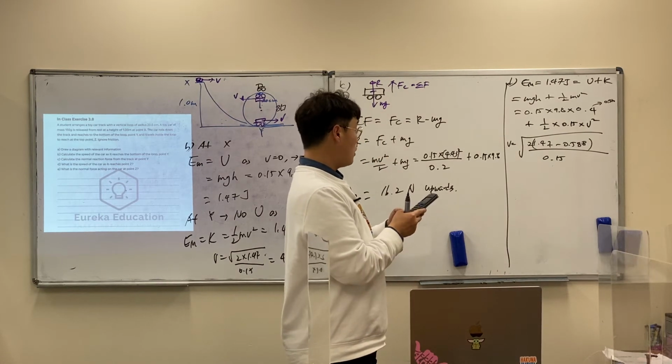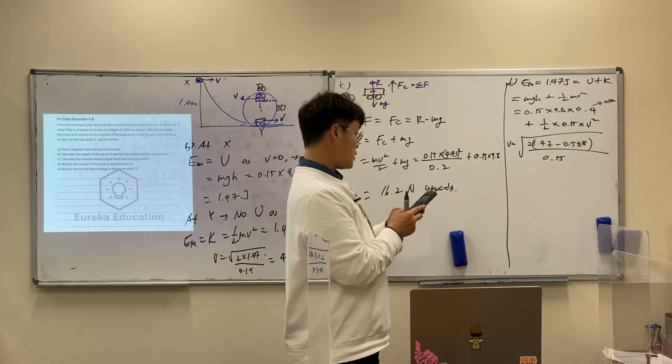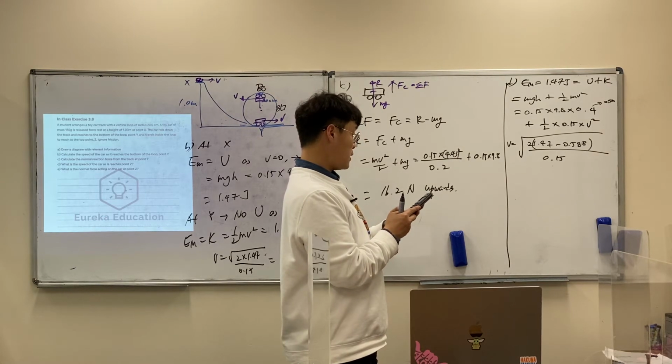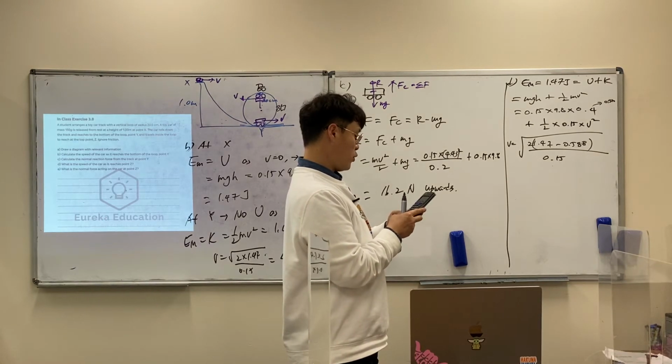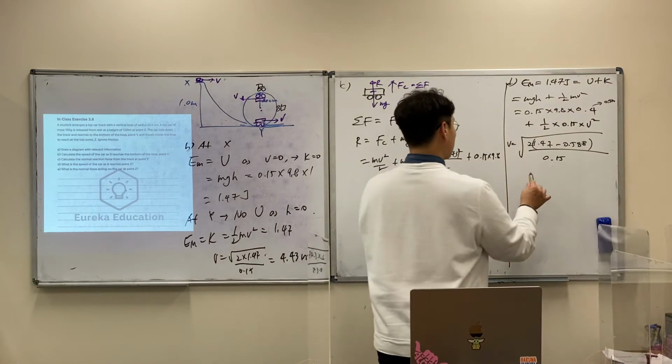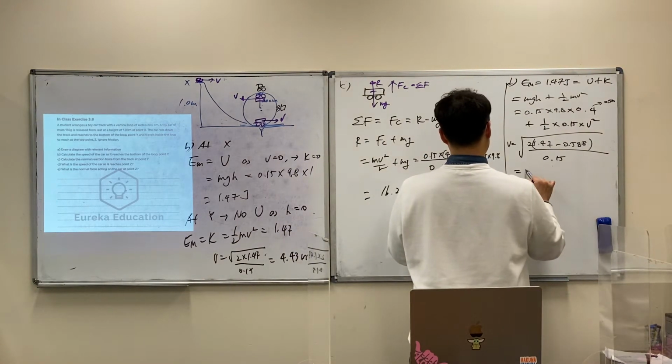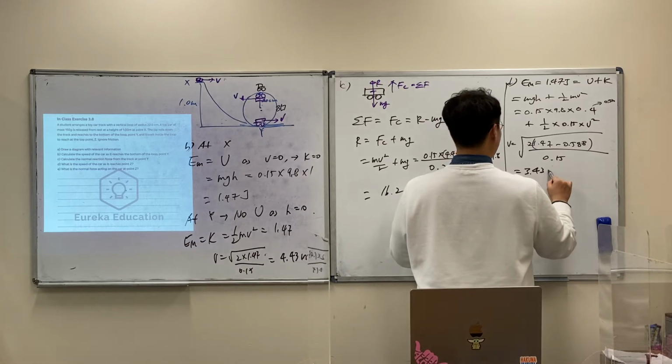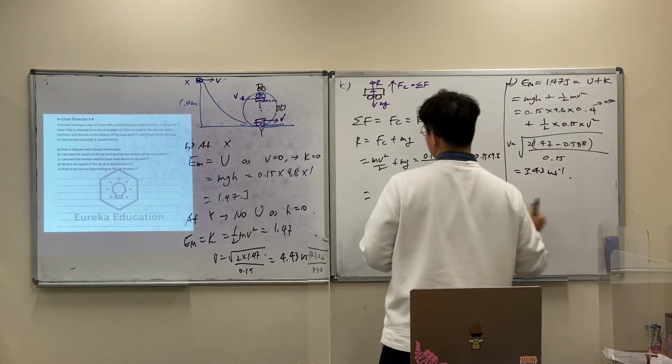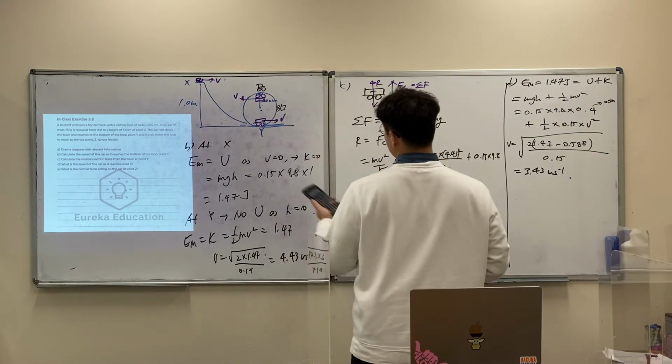So 1.47 minus 0.588, times 2, divided by 0.15, and square root of that. You get the velocity of the car. The toy car would now be 3.43 meters per second. That's the answer for D. Speed, yeah, it would be the speed.